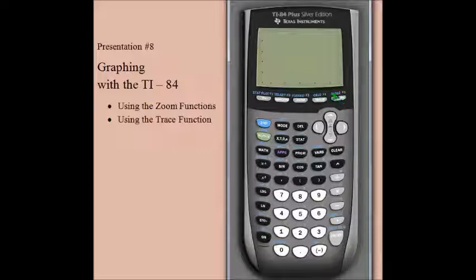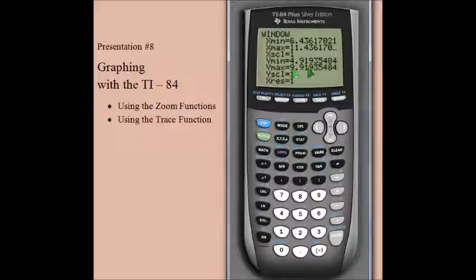If I go to window, we haven't talked about the window, but if I go to the window and I look, my minimum x value is 6 point something. My maximum x value is 11. My minimum y is almost 5, and my maximum y is almost 10.